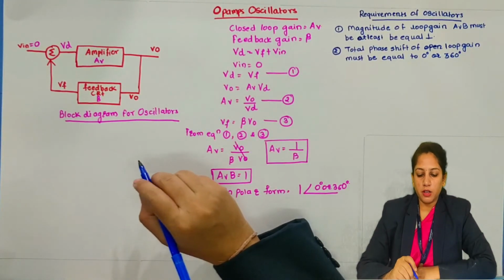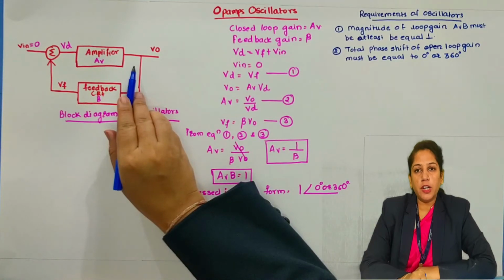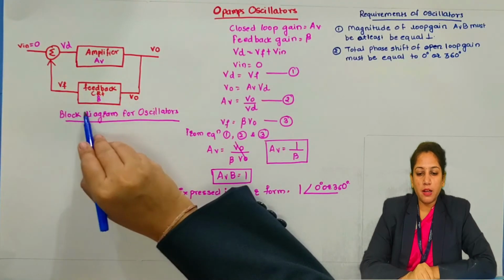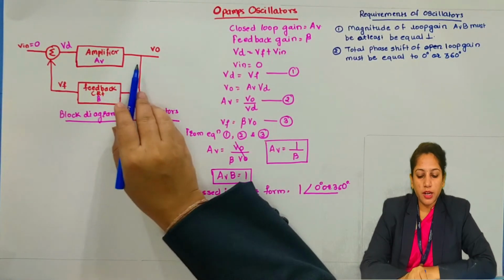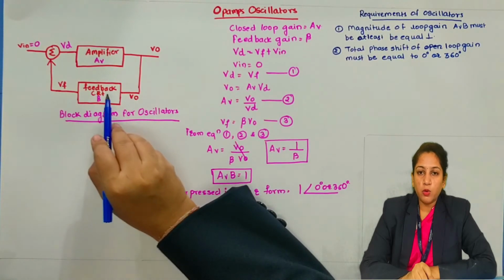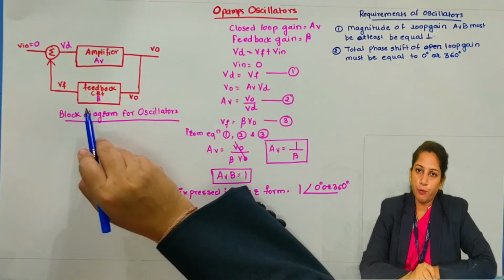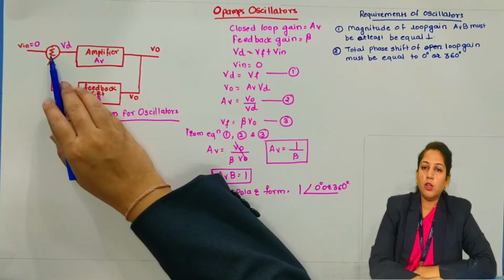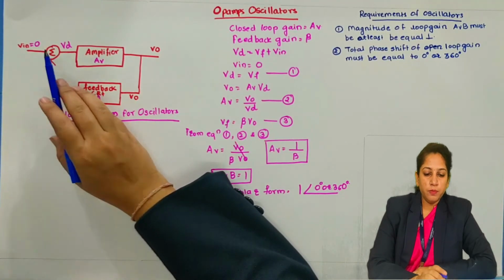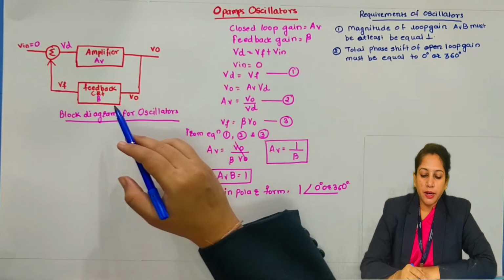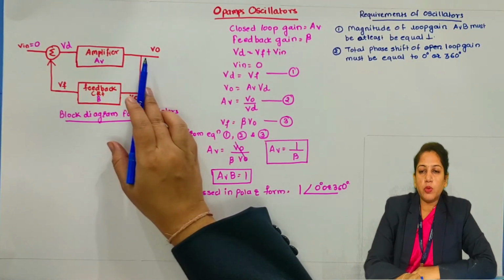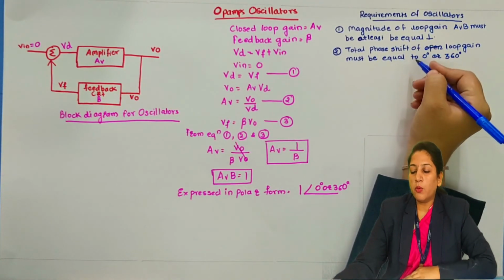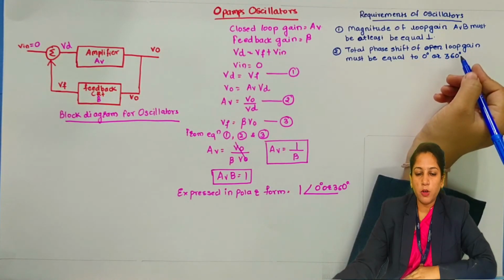If my operational amplifier is giving a phase shift of 180 degree, then we need an additional circuit in the feedback circuit which will give another 180 degree phase shift. So the total phase shift will be 180 and 180 in the feedback circuit, so it will go to 360 degree. In this way an adjustment is made by the feedback circuit if my amplifier gives a phase shift of 180 degree. These are the basic two requirements of oscillators.